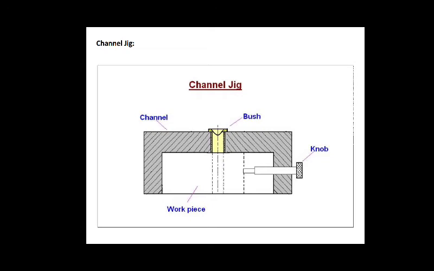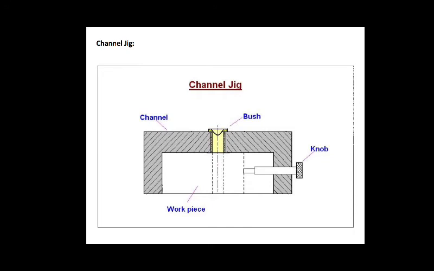The component is fitted within the channel, located and clamped by tightening the knob. The tool is guided through the drill bush. So here you can see the workpiece can be clamped by this knob, and on the top the bush is there, so you can perform the drilling operation in the workpiece. So this is what the channel jig is.